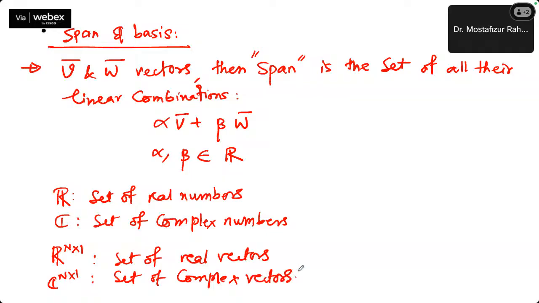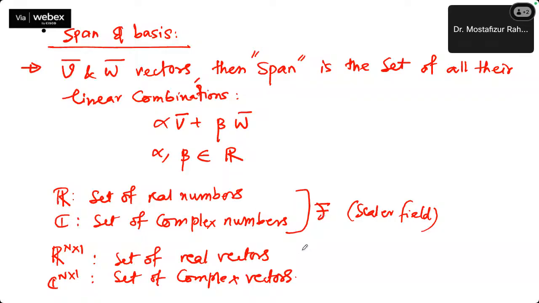When I do not specifically say whether the vector is real or complex, I define both together with a scalar field F, which can be real or complex.